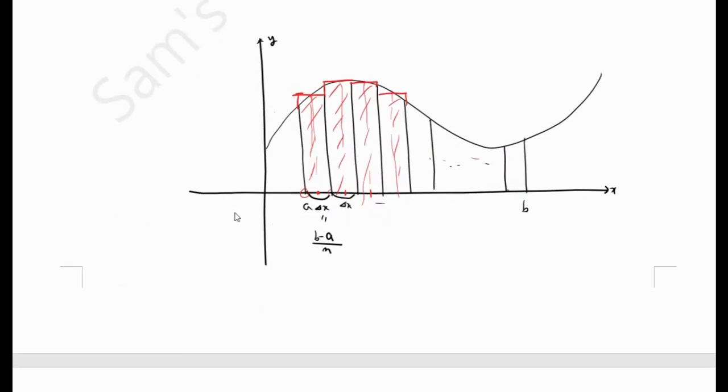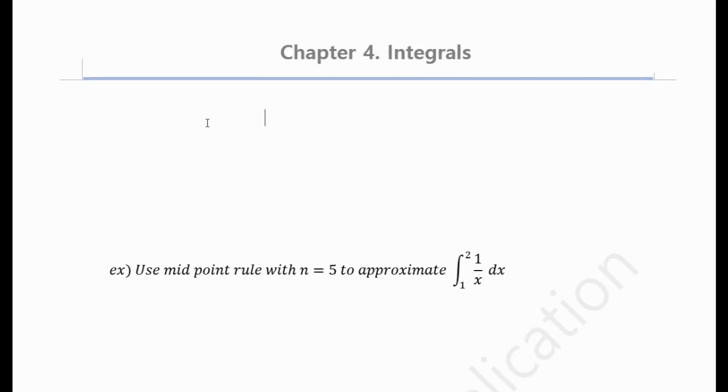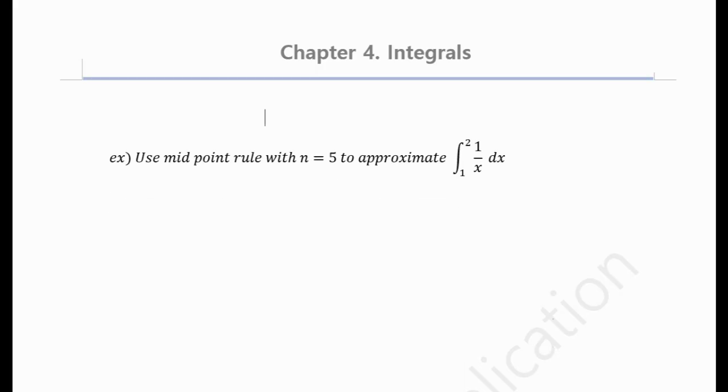I will take an example. Use the midpoint rule with n equal 5 to approximate the integral from 1 to 2 of 1 over x dx.